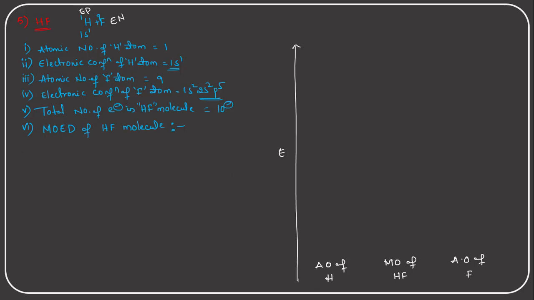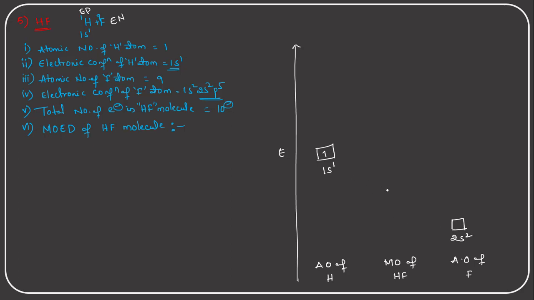So see here, this is the atomic orbital of hydrogen, which has only one s orbital. In this only one electron is present. But the fluorine atom has the outermost configuration 2s2 2p5, and the 2s orbital has a very low energy.